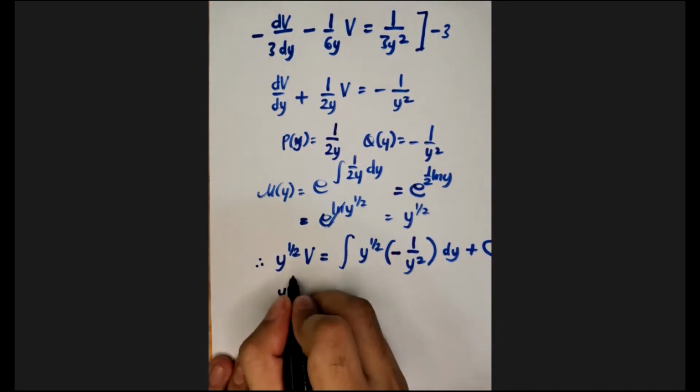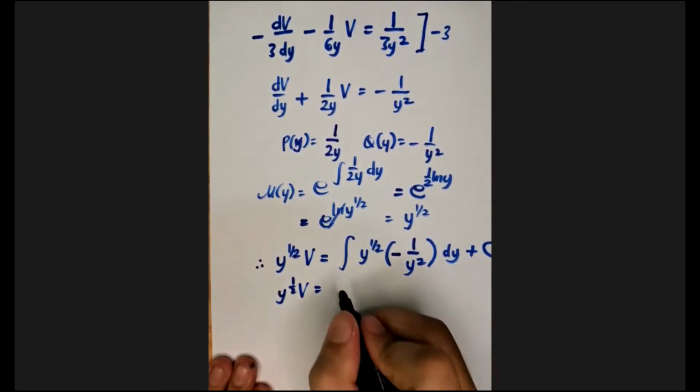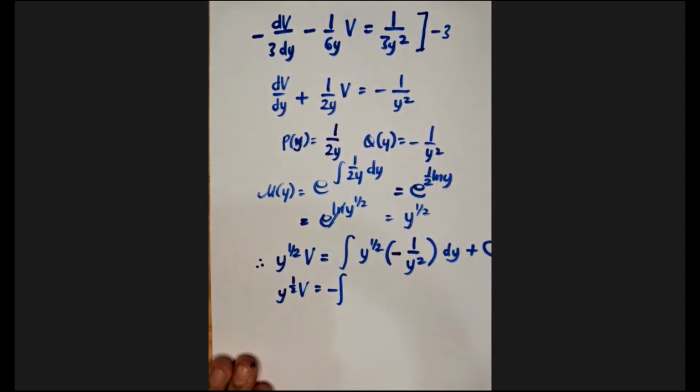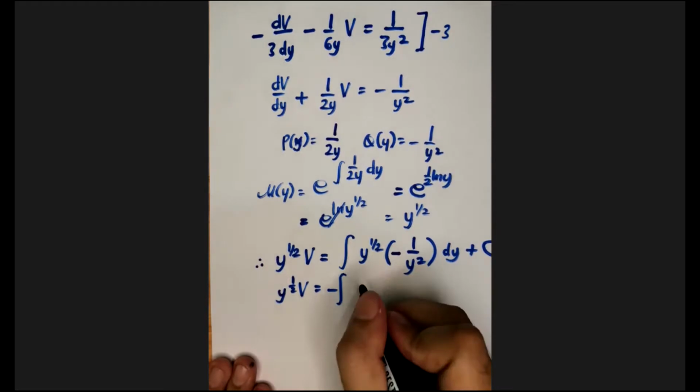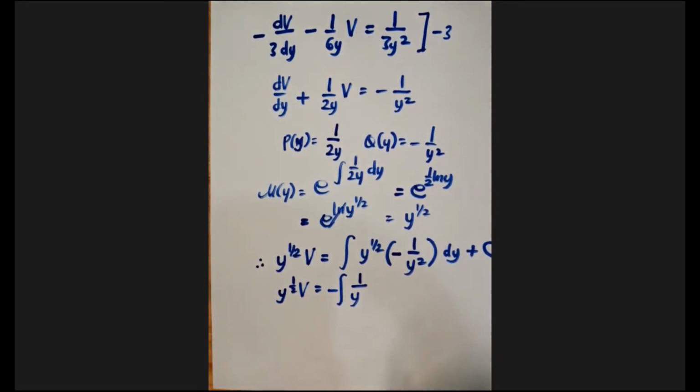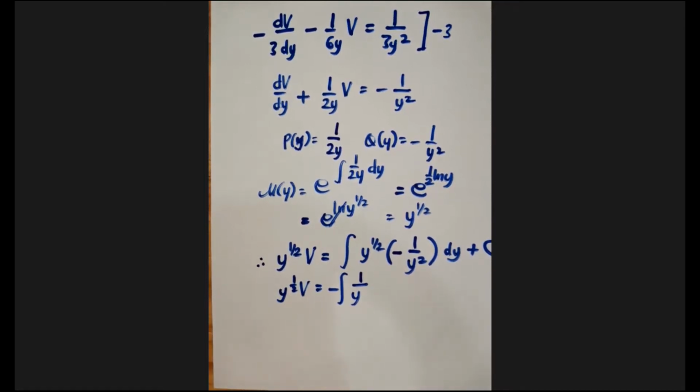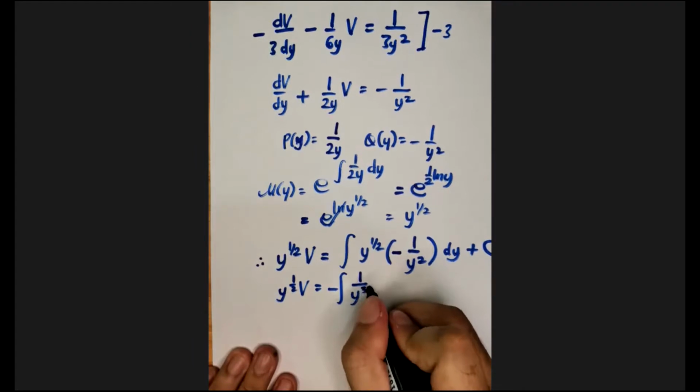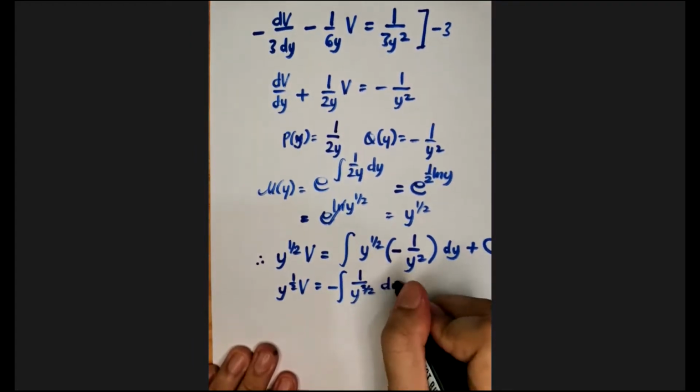Then y raised to 1/2 v is equal to the integral, taking out the negative, of y over y raised to, that's 1/2 minus 2, which is 1/2 minus 4 over 2. It's 3 halves? dy plus c.